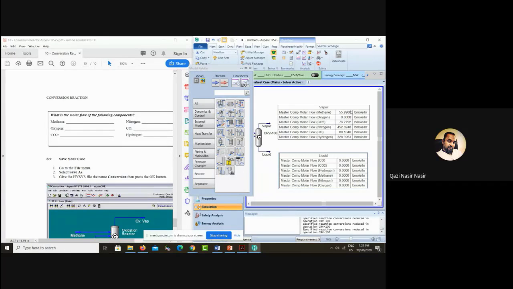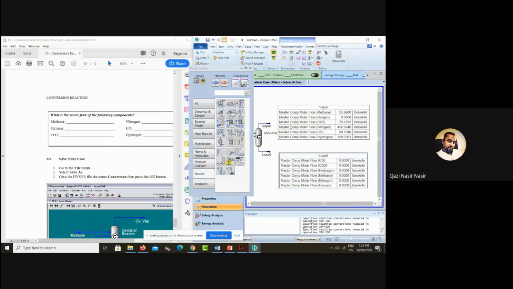So we are converting methane. What you can see here is that methane in this simulation is only converted about 45%. If you have 100 kg mole of methane entering, only 45 kg mole is converted and 55 pound mole is not converted.